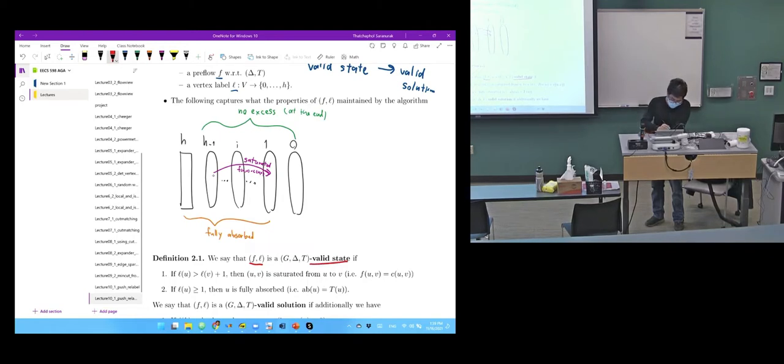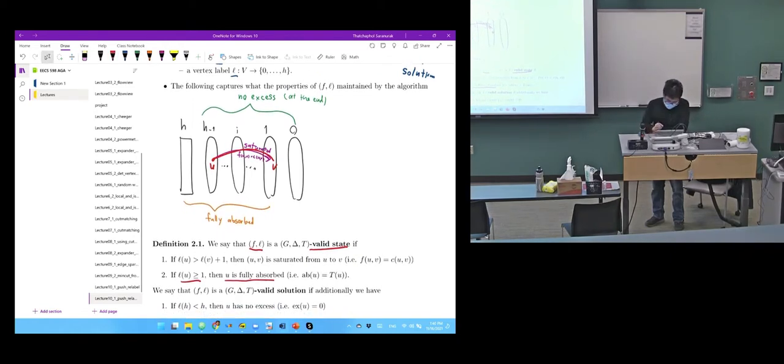For any edge that skips the level, the flow is saturated from U to V in the downward direction. And also for any vertex that has level at least one, it is fully absorbed.